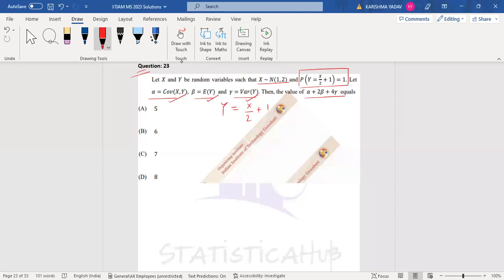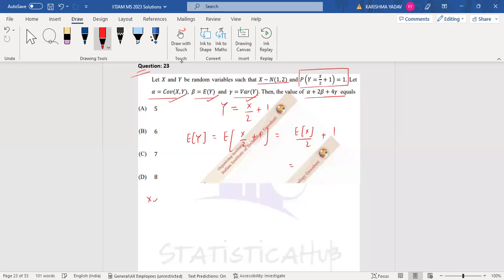Now let's work on the expectation of Y. Expectation of Y equals expectation of X by 2 plus 1. And what is expectation of X?